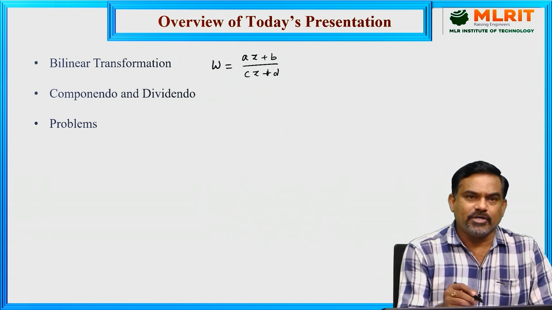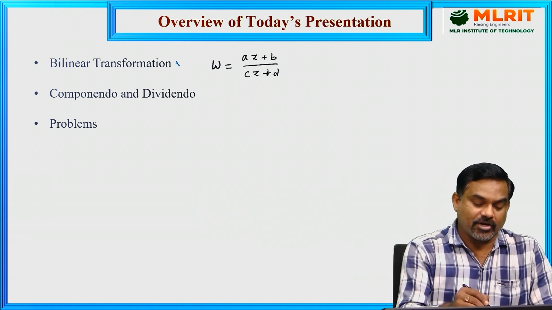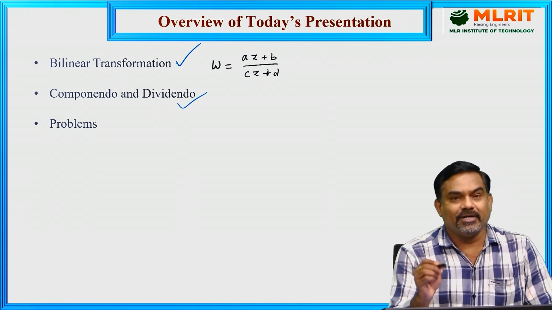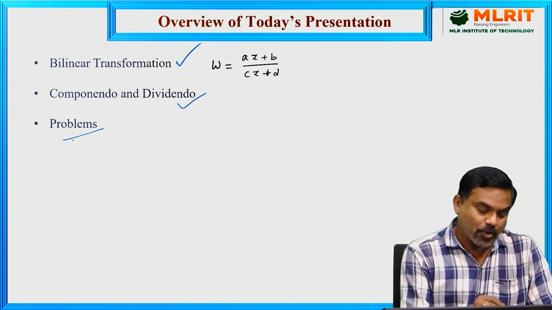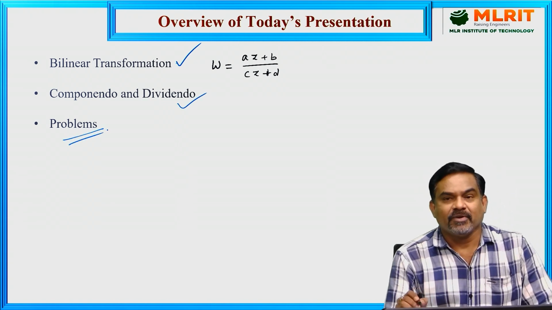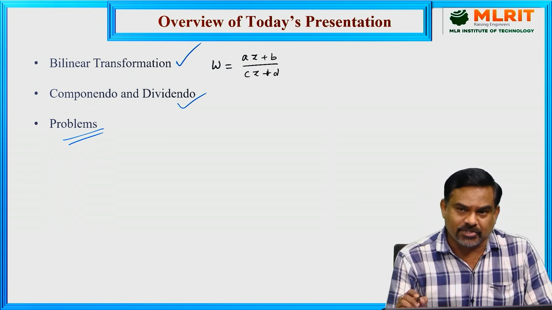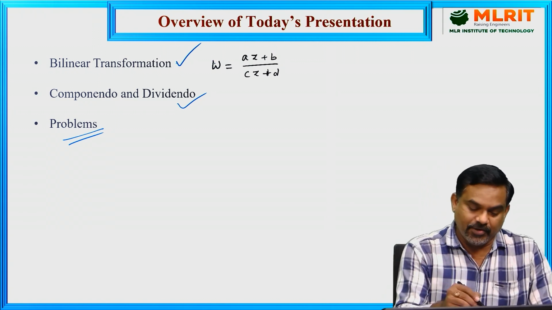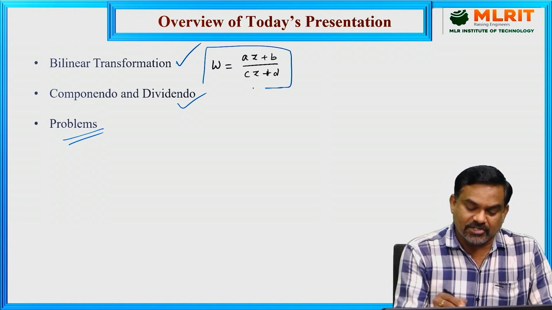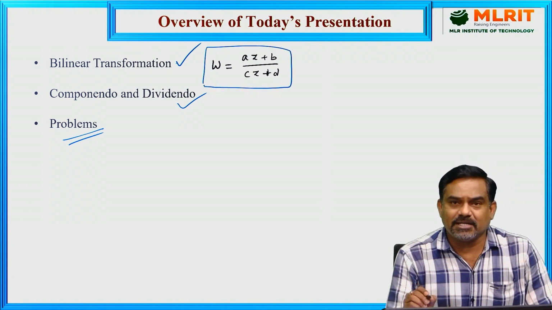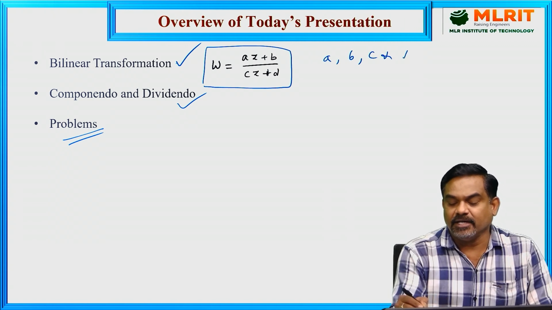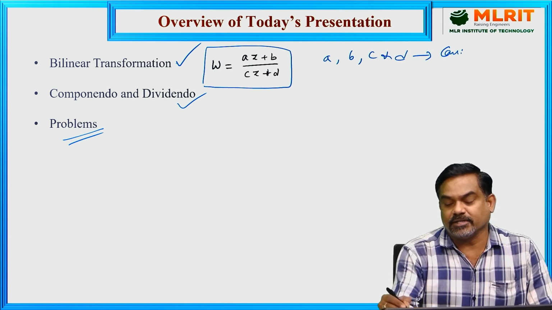Now today I am going to discuss a bilinear transformation and the property called componendo and dividendo, and some problems on bilinear transformation. First of all, what is a bilinear transformation? This was discussed in the previous video. Consider the transformation W equal to (AZ plus B) by (CZ plus D), where A, B, C and D are complex constants.